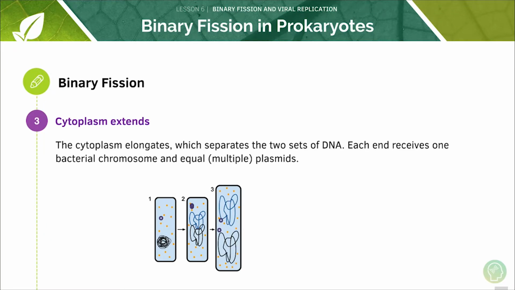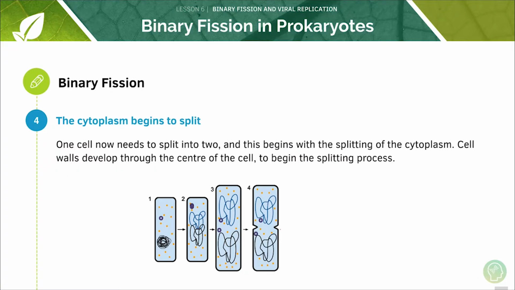Next, the cytoplasm extends. It elongates, which separates the 2 sets of DNA. Each end receives 1 bacterial chromosome and equal plasmid amounts. The cytoplasm begins to split, and 1 cell needs to split into 2. This begins with the splitting of the cytoplasm.